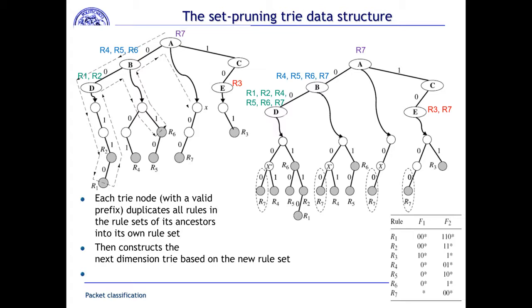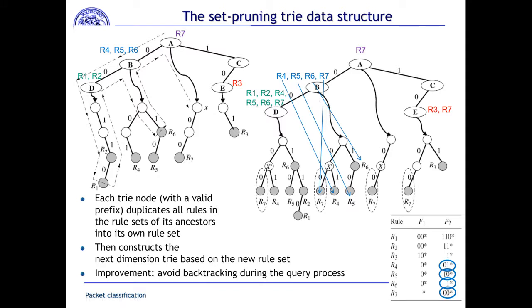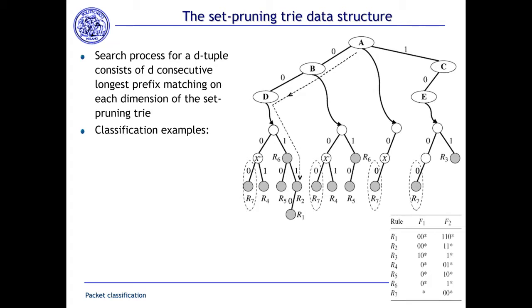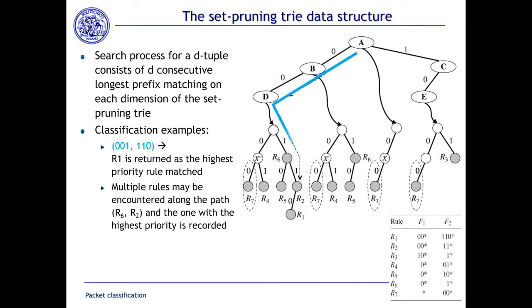The advantage of this technique is that we avoid backtracking. These are the mapping, as an example, of the rules depending here from node B. So when we start a query, a classification process, let's for example take the same packet as before.